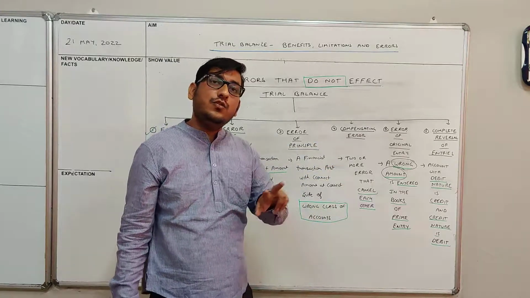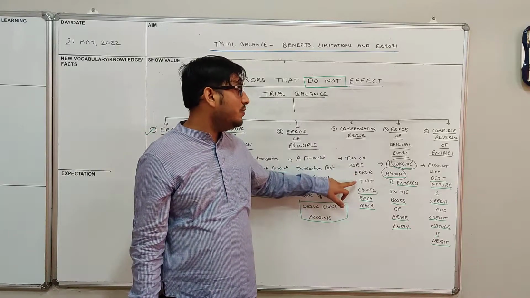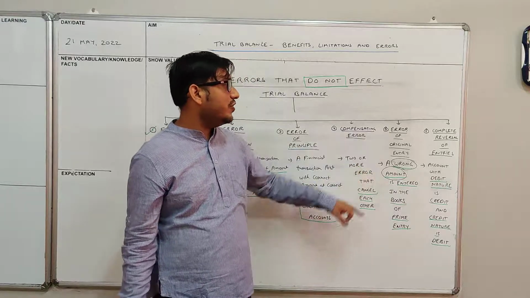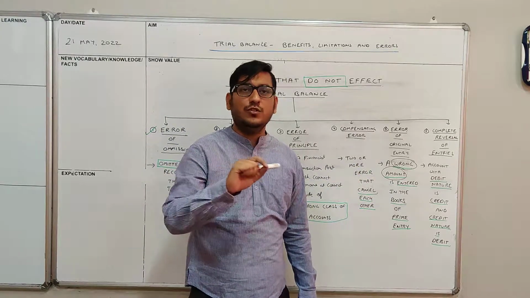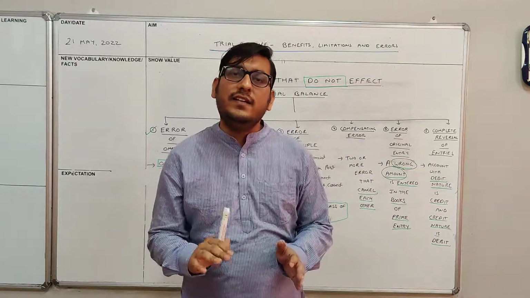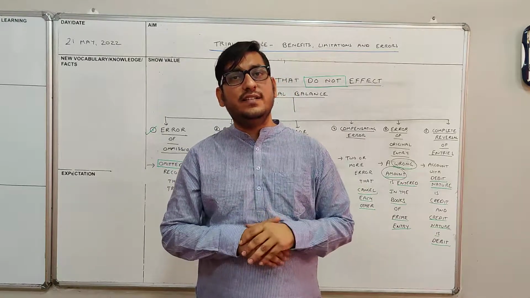Compensating error, 2 or more errors that cancel each other, that is error of coincidence. Error of original entry, that is a wrong amount has been entered in the books of prime entry. And complete reversal of entry means the item which needs to be debited is credited and the item which needs to be credited is debited.